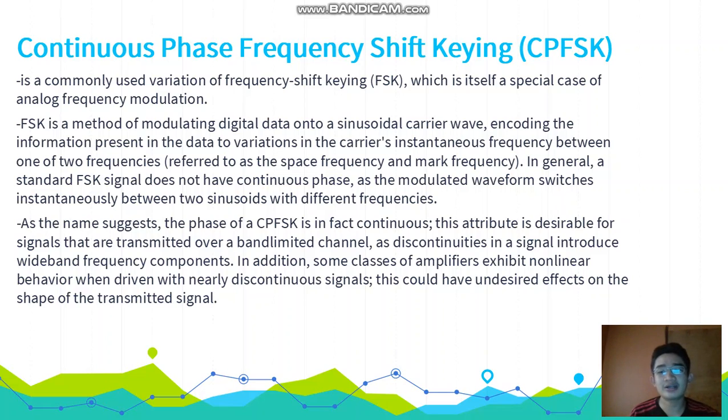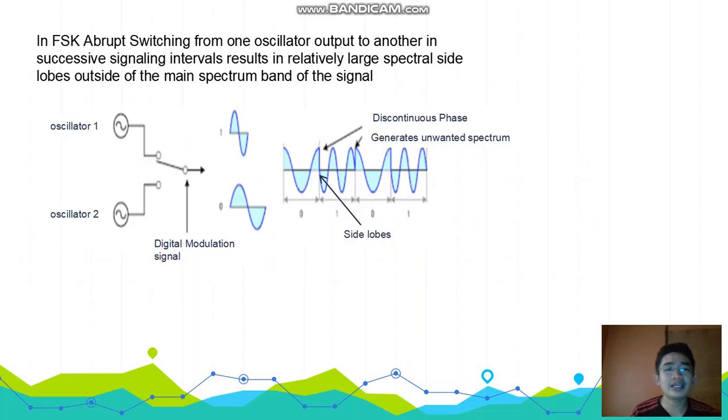This could have an undesirable effect on the shape of the transmitted signal. Let's proceed. In FSK, abrupt switching from one oscillator output to another in successive signaling intervals results in relatively large spectral side lobes outside the main spectrum band of the signal.